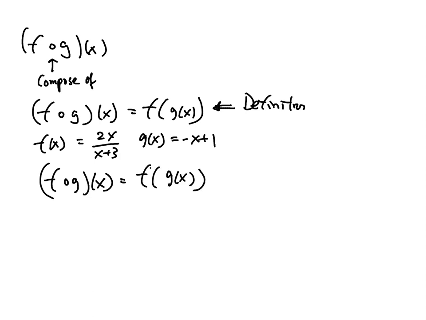Once you get to this part, using the definition, we're just going to plug in g of x. What is g of x? g of x is negative x plus 1. So where you see g of x, I'm going to put in negative x plus 1.